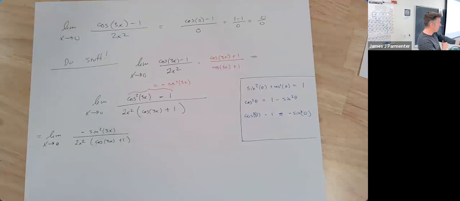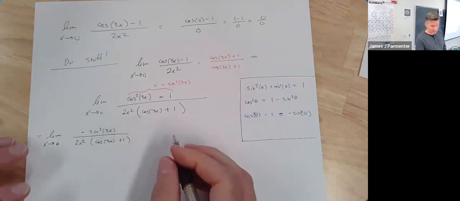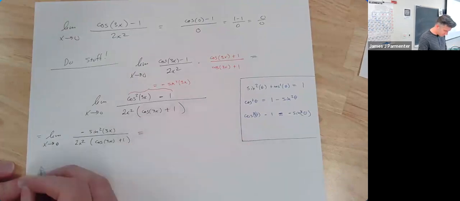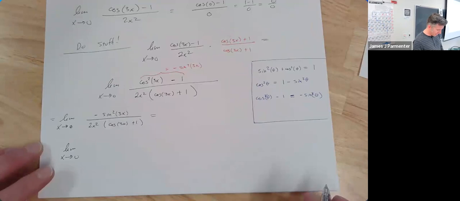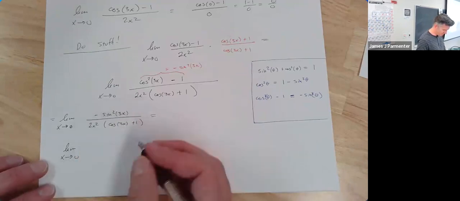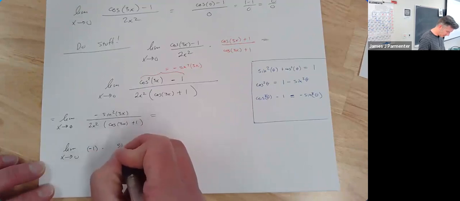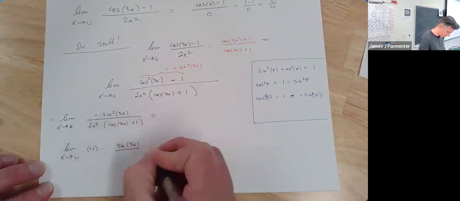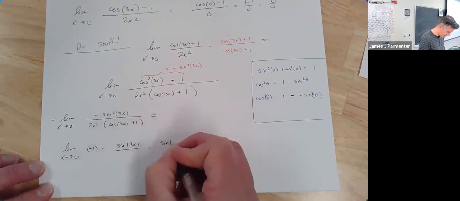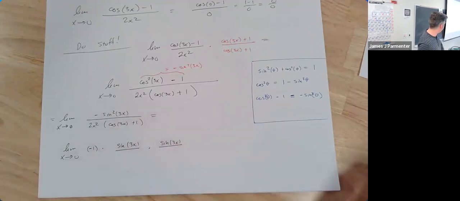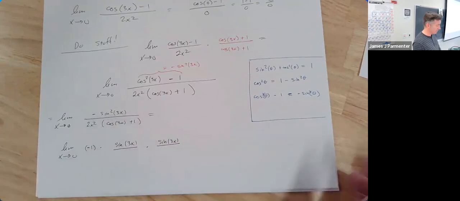Here's what I recommend. We'll do a couple more of these after we do this one. Oh, wow, time is really flowing by. So this is going to be the limit as x goes to 0. I'm going to put the negative one out in front. And I want a sine of 3x and another sine of 3x. I'm writing those at the top of a fraction, which I'm going to fill in underneath in a second.